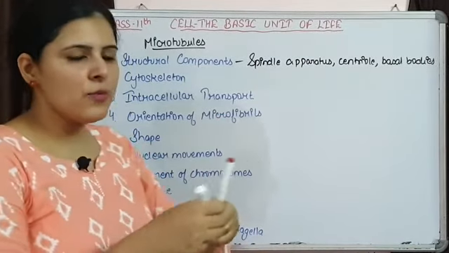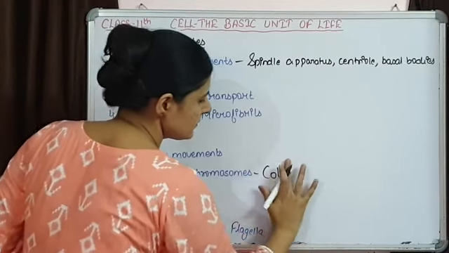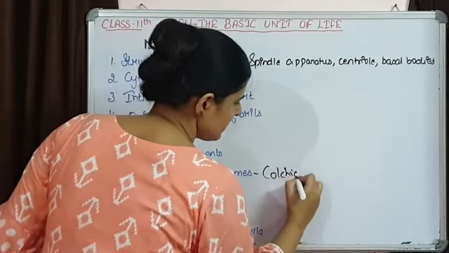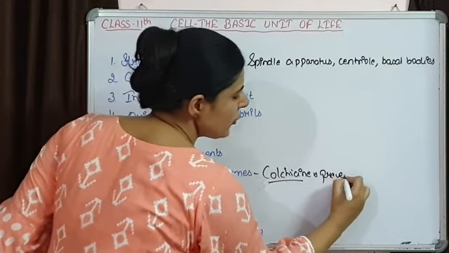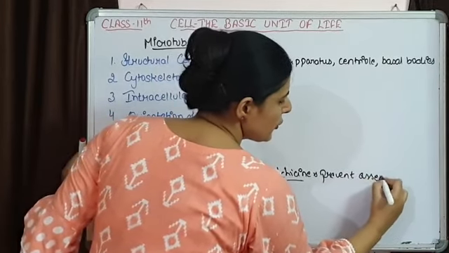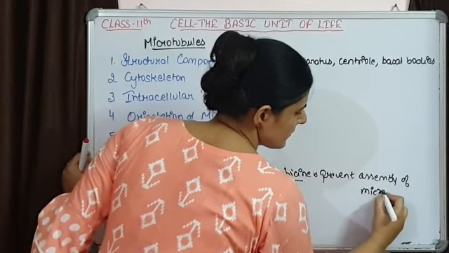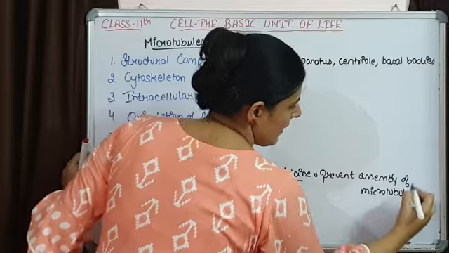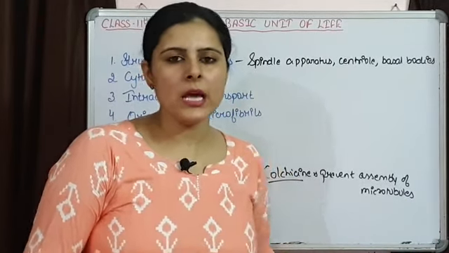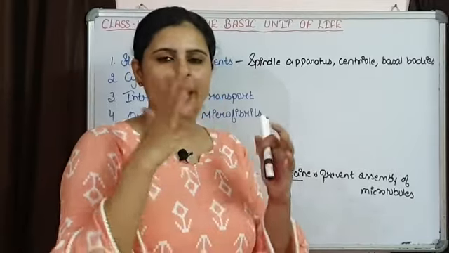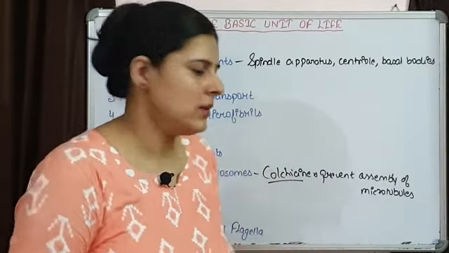Now there are some agents like colchicine. Colchicine prevents the assembly of microtubules. And if microtubules are not going to assemble, the spindle is not going to form, that means mitotic division is going to arrest.